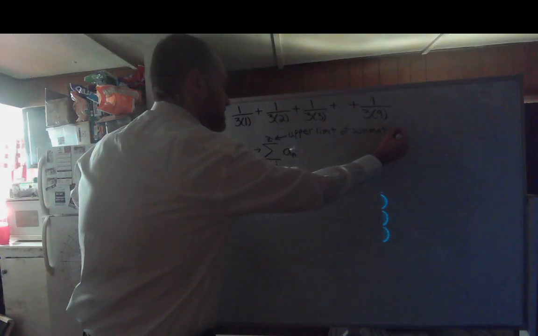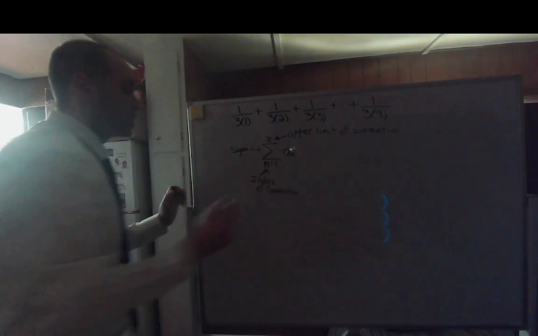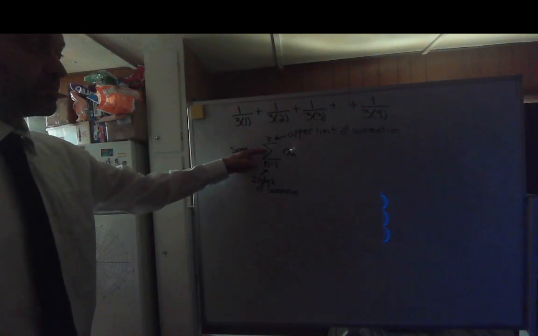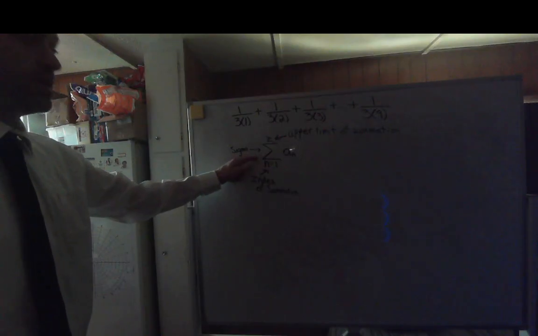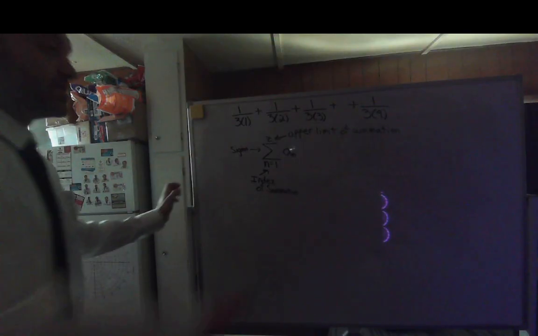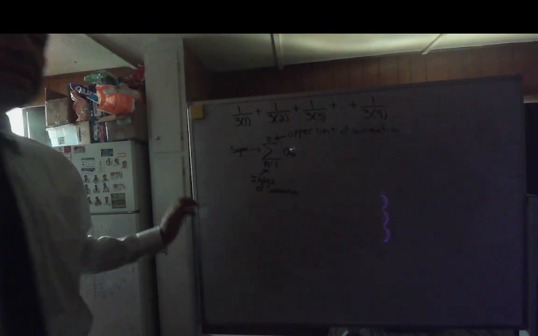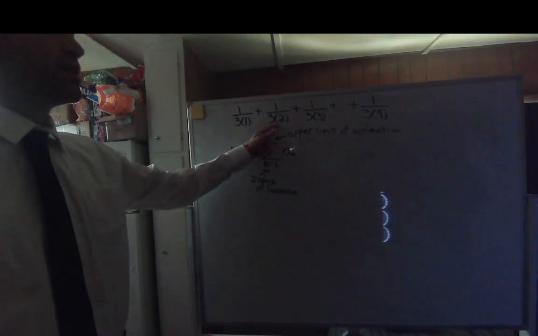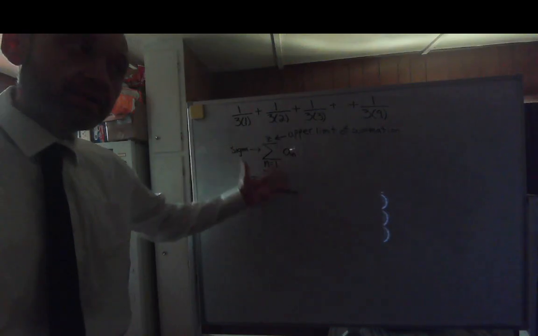I'm just writing these terms out. Okay, so this weird looking symbol is called sigma. That is how we express a sum. This a sub n is really the sequence. You're taking the sum of every member of the sequence. That's what a series is.